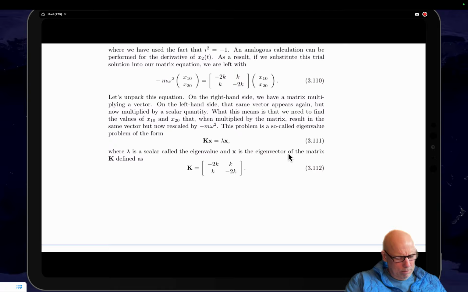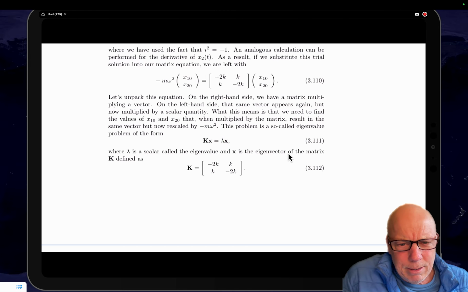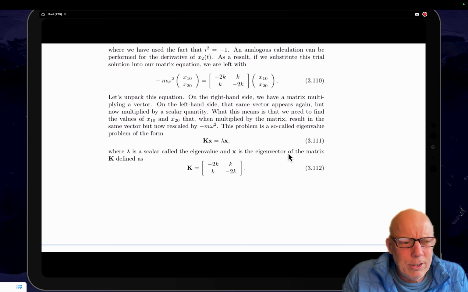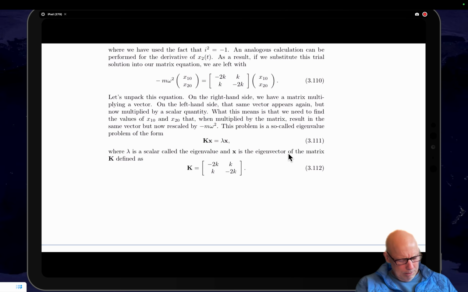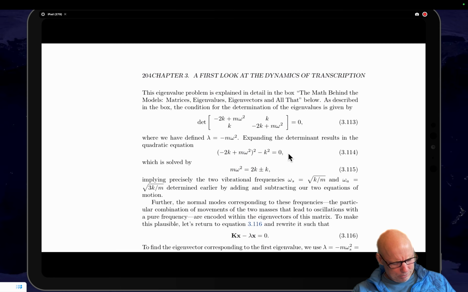This is another way of stating the problem: I have a matrix times a vector, and what it does is produce the vector itself, but multiplied by a scalar. In other words, we're looking for those special directions where the matrix K, when it acts on a vector, does not change its direction. It only changes its length. Those are the so-called eigenvalues and eigenvectors.